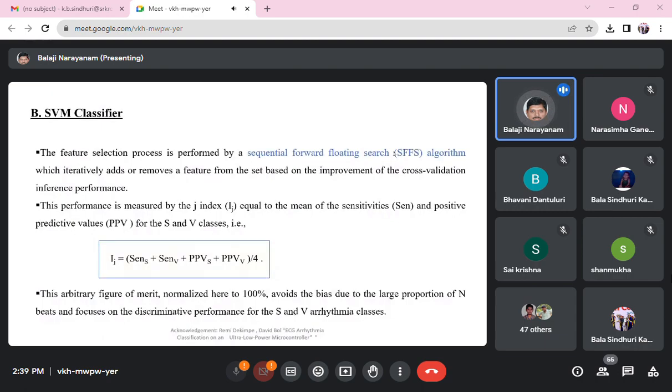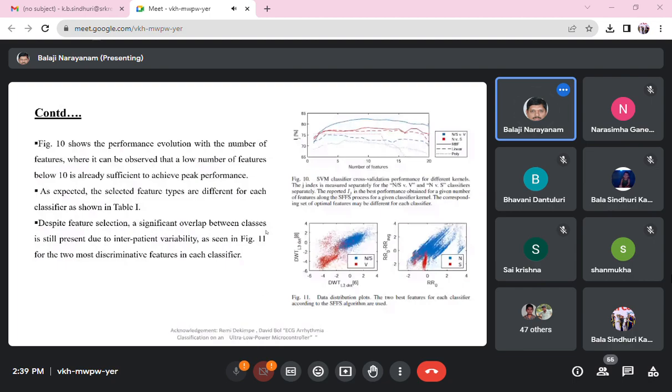This performance is measured by the J index, equal to the mean of the sensitivity, which is SEN, and the positive predictive value, which is PPV. Then there is the corresponding equation. The figure of merit is normalized to 100% to avoid the bias due to the large portion of N beats.